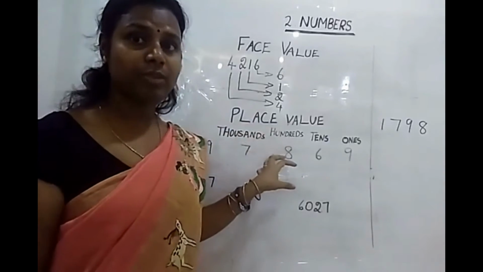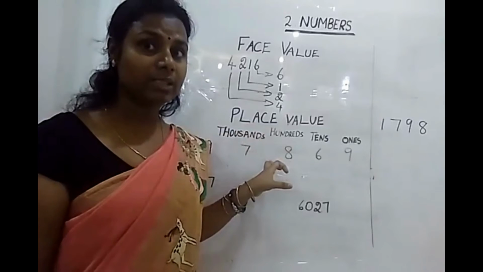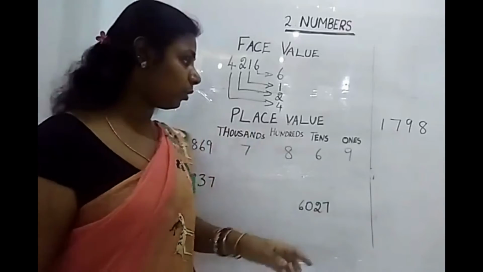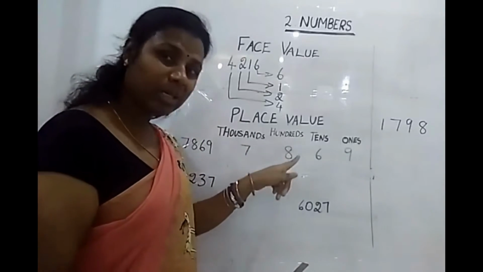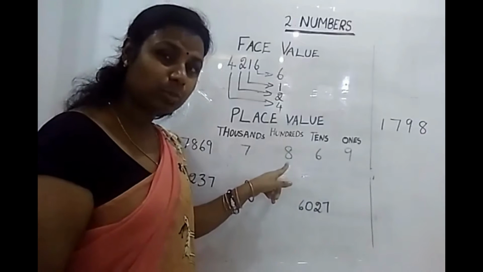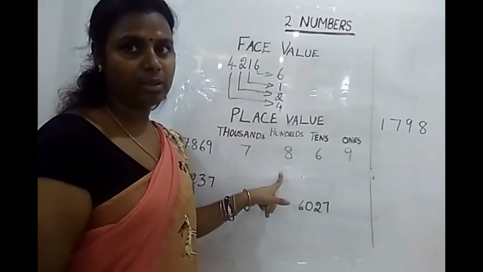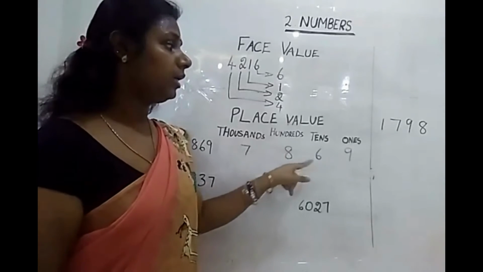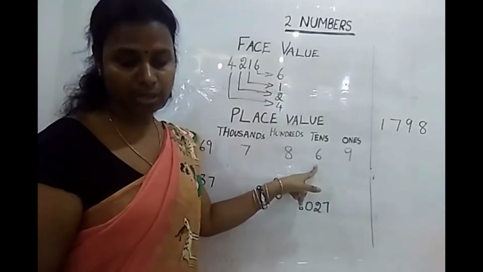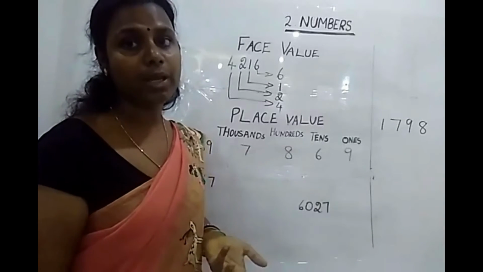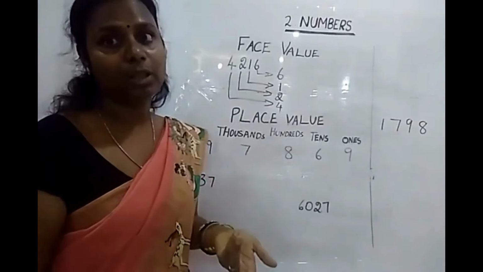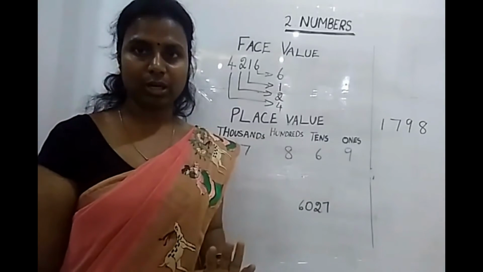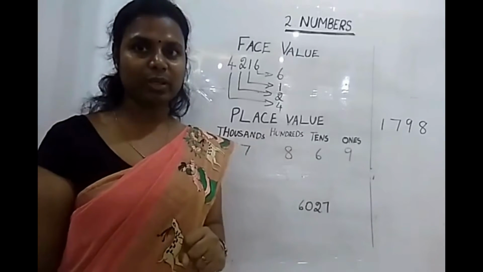Now 8 is in hundreds place, so 800. If 8 would be in tens place, that would be 8 tens. If 8 is in ones place, that would be only 8. If 8 is in thousands place, that would be 8,000. It depends upon its position in the place value chart. That is place value.